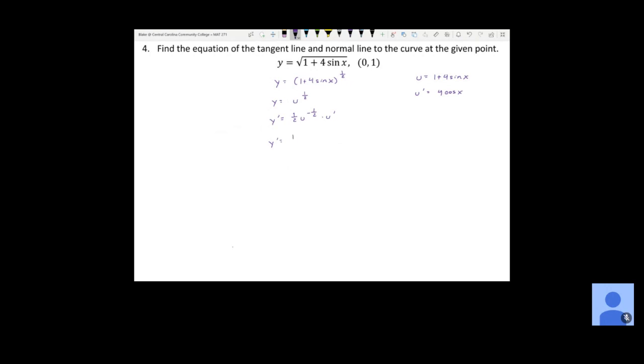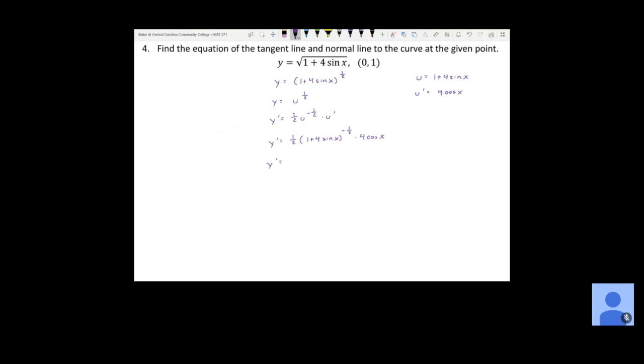So we've got y prime equals 1/2 times 1 plus 4 sine of x to the negative 1/2. And then we're multiplying that by 4 cosine x. All right, now at that point, we want to simplify first and then we'll go from there.